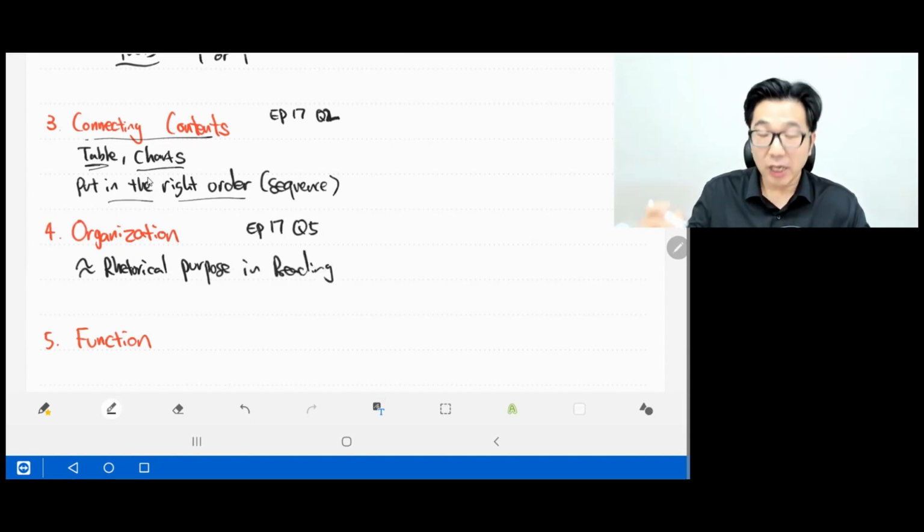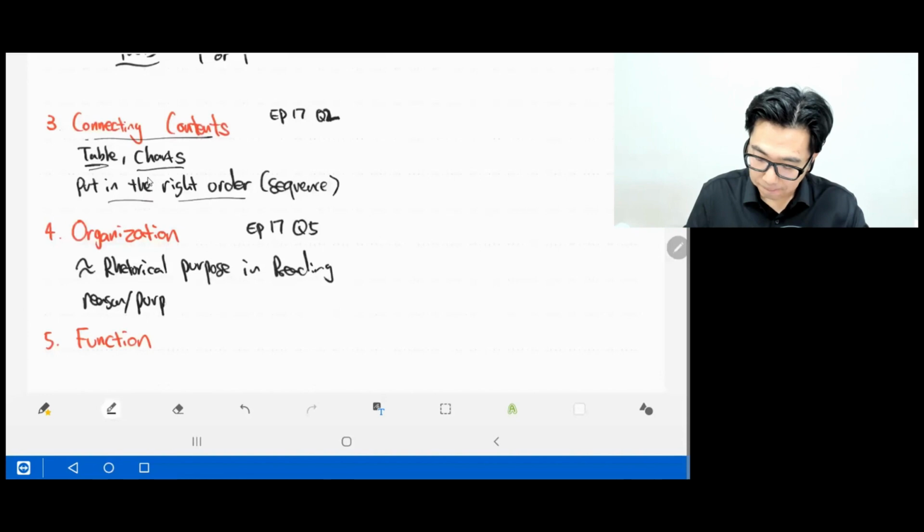So basically, you need to find why professors say this in the passage. So what is the reason and what is the purpose to put something in the passage, right?